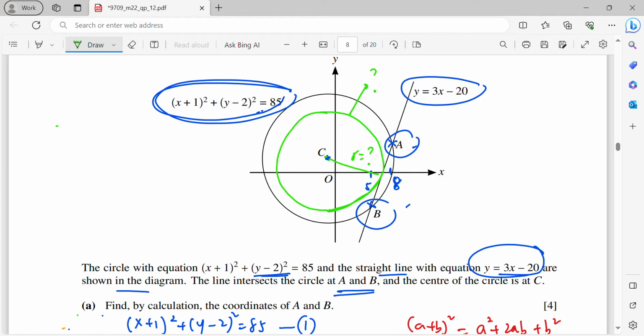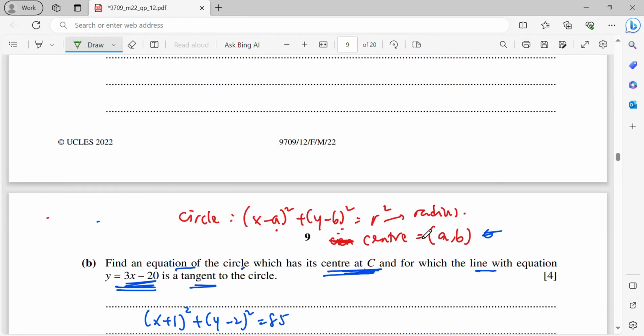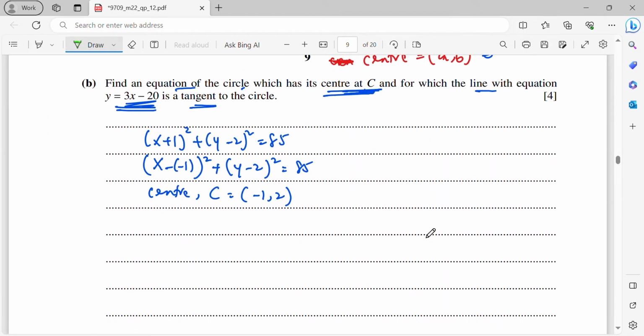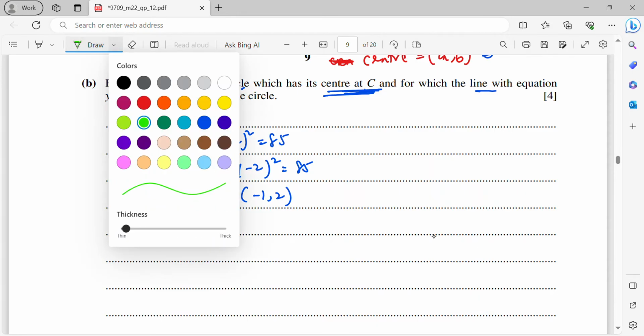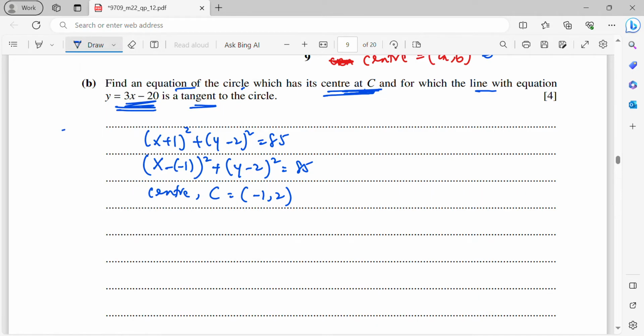Okay, so what we need to do here is I need to get the intersection points between my new equation. Okay, so my new circle will have the equation of x plus 1 squared plus y minus 2 squared equals to r squared. I do not know how much is the r. That's why now I need to find.